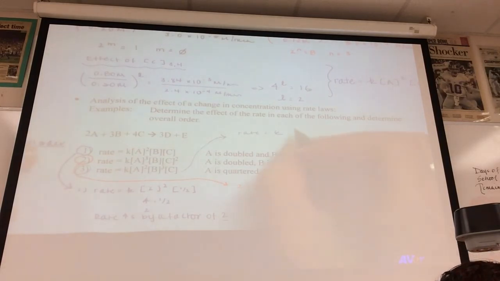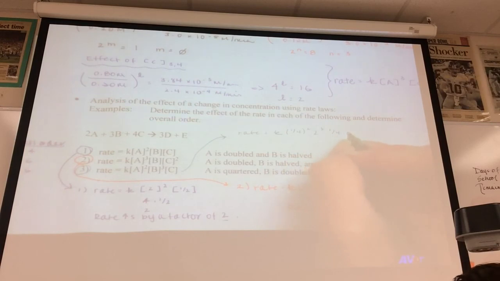All right, so A is quartered. I have 1/4 to the half. B is doubled. I have 2 to the third, and C is quartered. So I basically have 1/4 to the third power is 1/64 times 8 is 1/8.